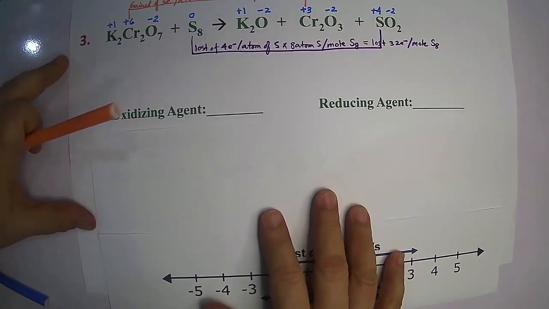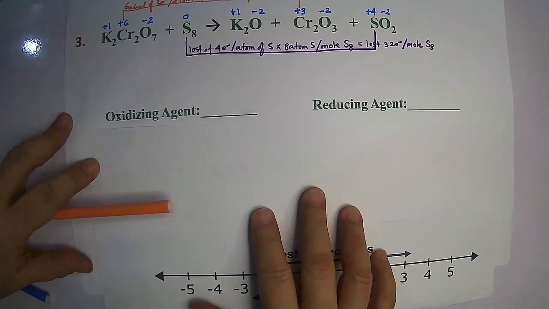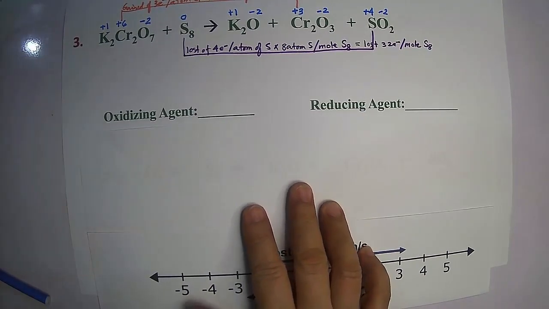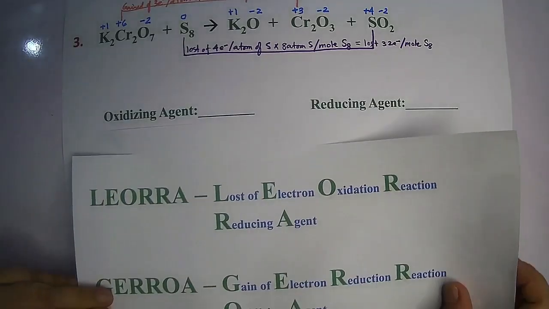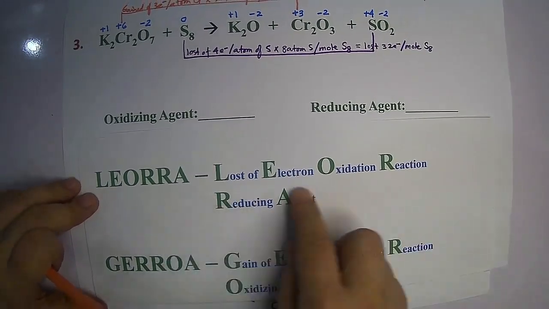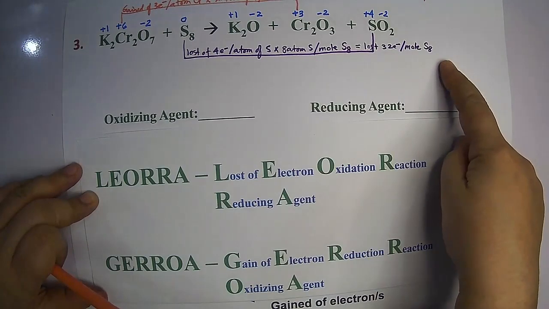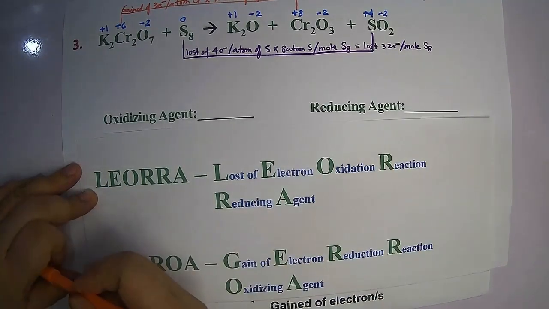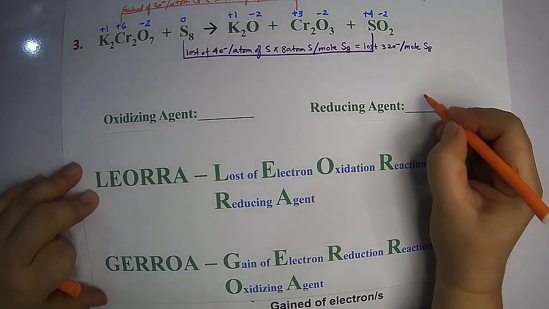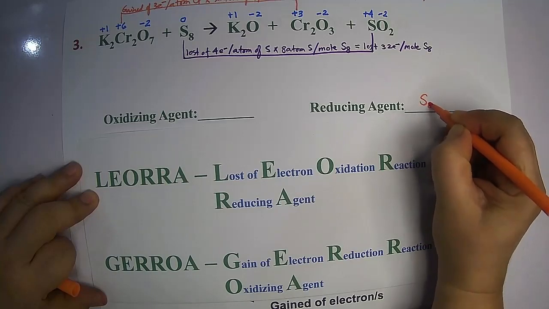Now, we identify which undergo oxidation and reduction and identify the reducing and the oxidizing agent, using again the chart. If you lost electrons, you undergo oxidation and it is the reducing agent. So the reducing agent is the sulfur crystal.